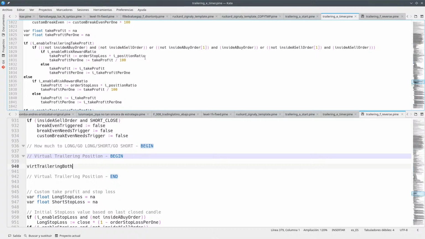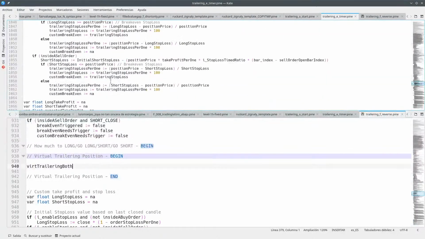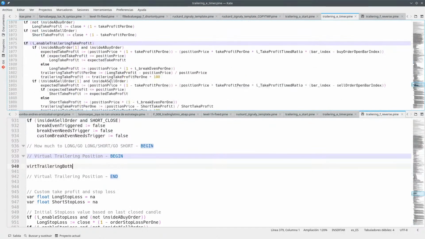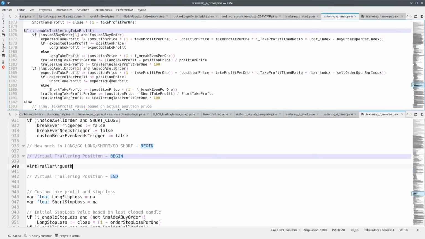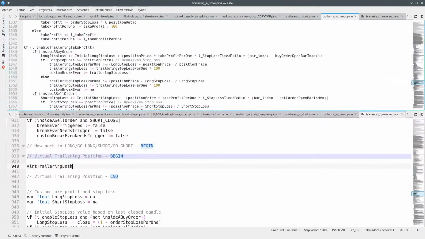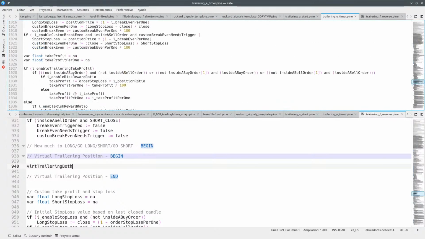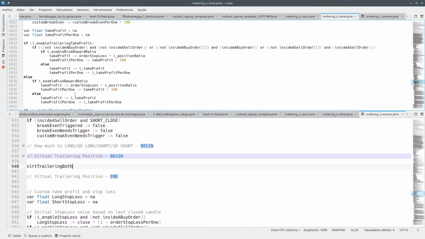Wait a minute, this has more stuff than what the comparison is showing us, probably because we have improved this part. Or maybe this is not the same part, and that's why. Yeah, this is the part that I was looking at. So this is stop loss. I don't want to do anything with the stop loss.